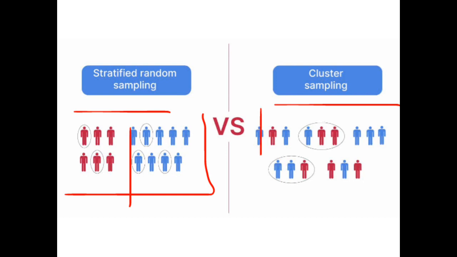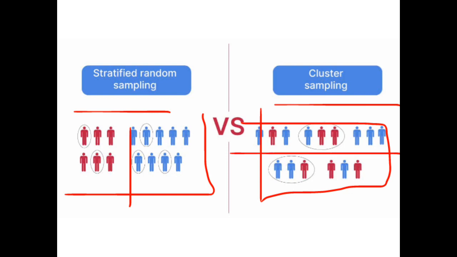But under cluster sampling, the homogeneity of individuals is not considered. We mostly consider their geographical location. For instance, you can see the division here does not consider the color of the individuals.